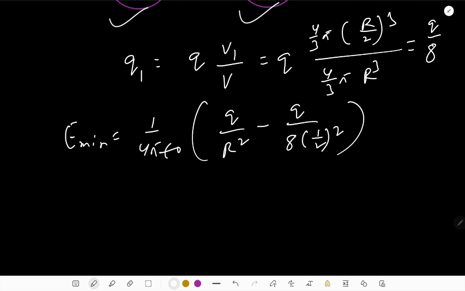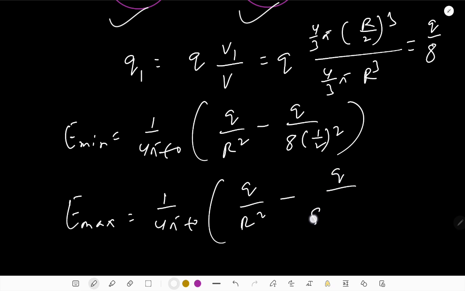And E max, the maximum electric field at the opposite side of the edge where we got the minimum electric field, you can write it will be 1 by 4 pi epsilon naught, Q by R square minus (Q by 8) over (3 by 2 R) square, 3 by 2 R basically, and this is half R here.